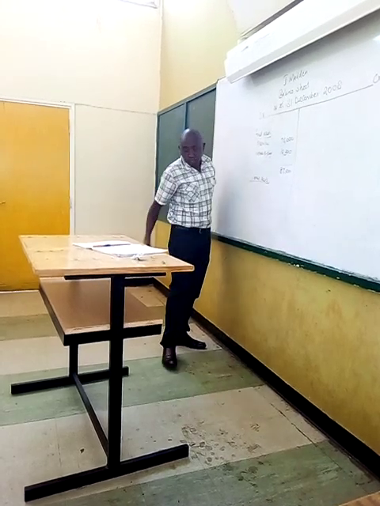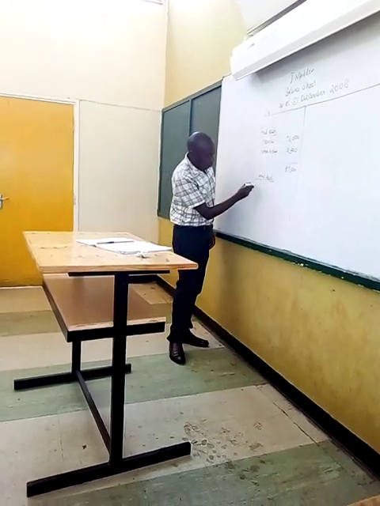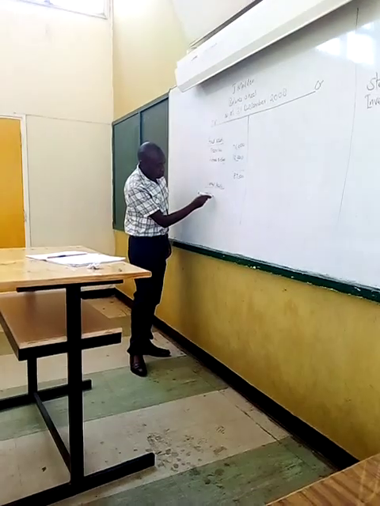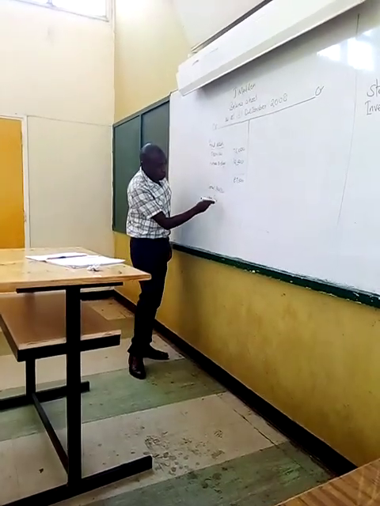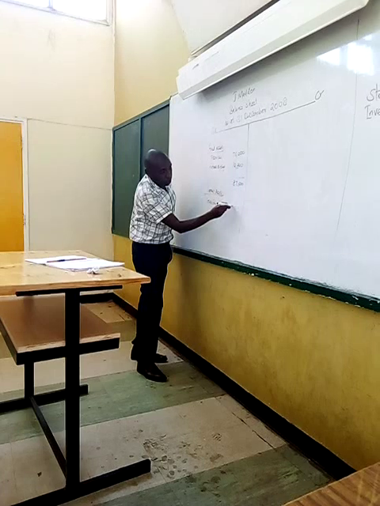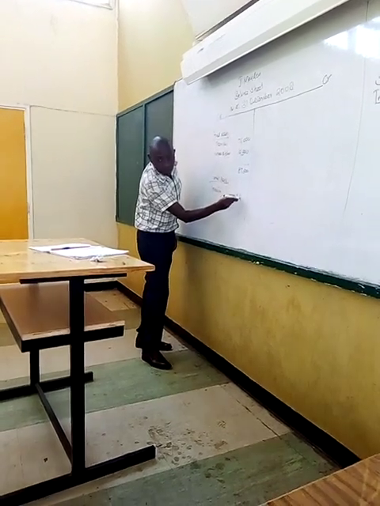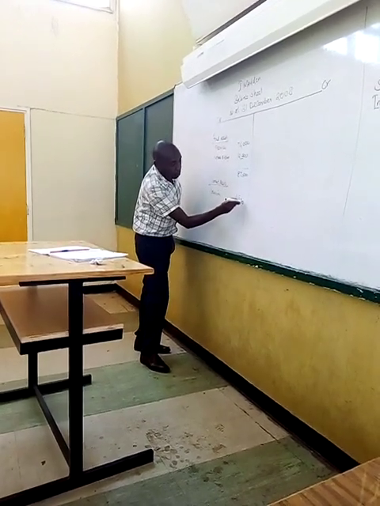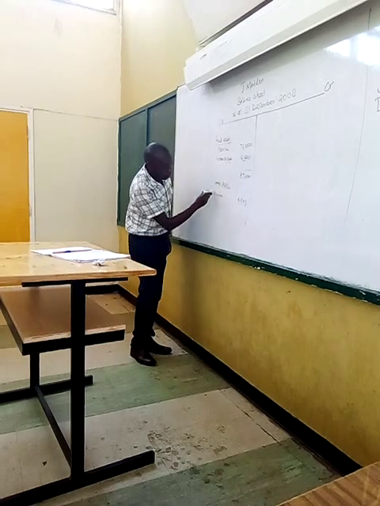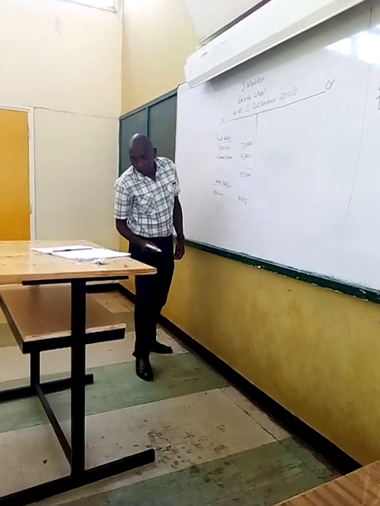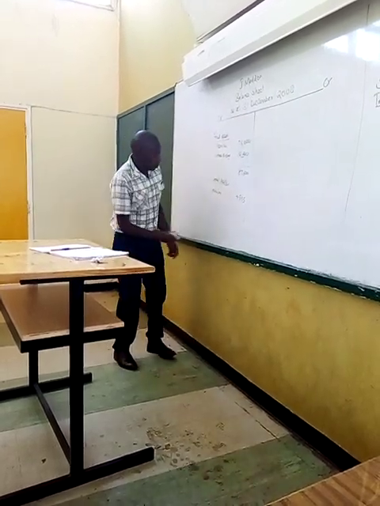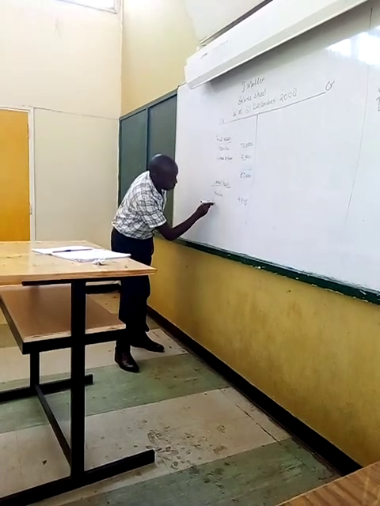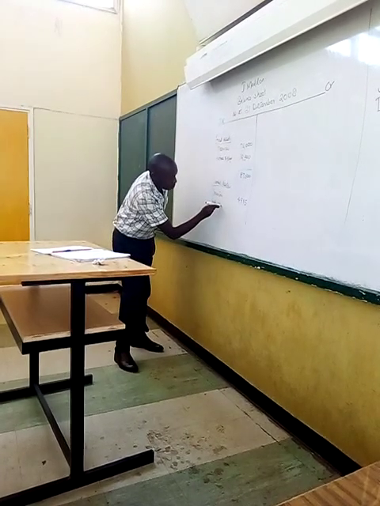What current assets do you have there? Number one is inventory. What's the value for inventory? 4,995. Next thing, trade receivables.